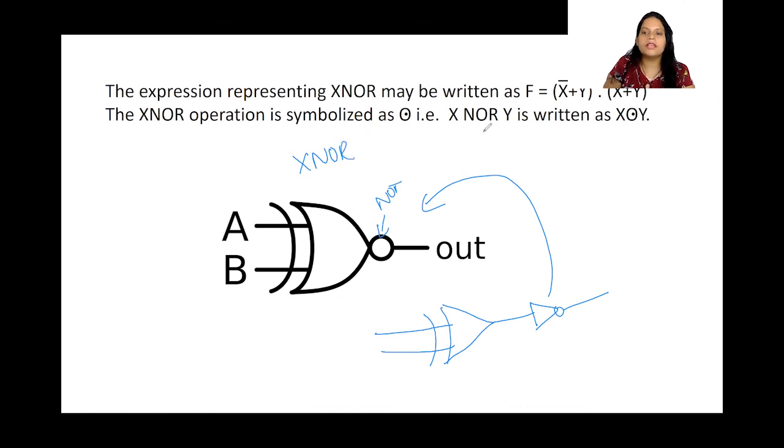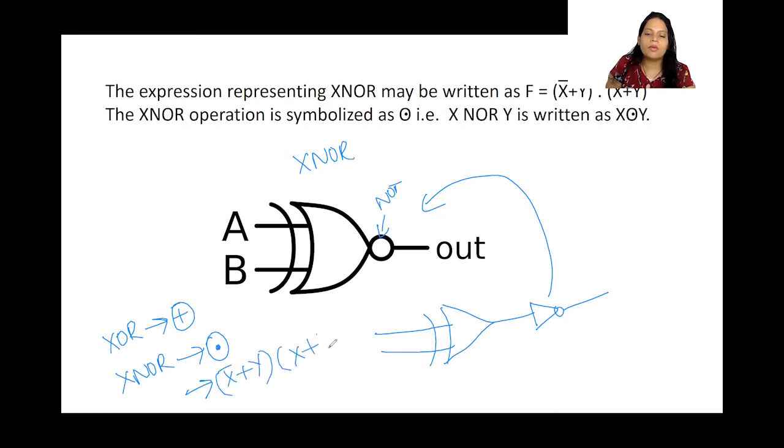Right. Now see here, the expression representing XNOR may be written as follows. XOR was represented as a plus with a circle, isn't it? Now XNOR is going to be represented as a circle with a dot. This one can also be represented as X bar plus Y, X plus Y bar.